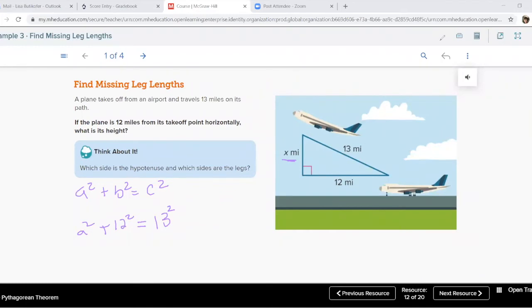So let's do our 13 squared is 169. Our 12 squared is 144. And then we have our a squared. We're going to solve this just like we would any equation, and move our 144 over.